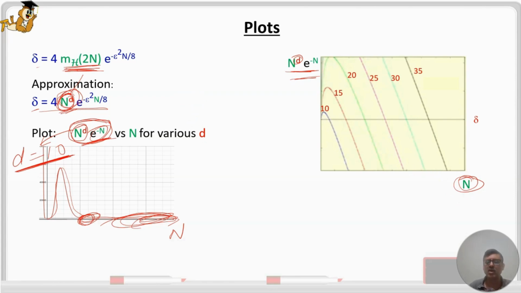Now, if you considered a constant delta, you would see that there is a fairly linear behavior with respect to d of this graph. So let us say this was the delta that you were interested in, right?